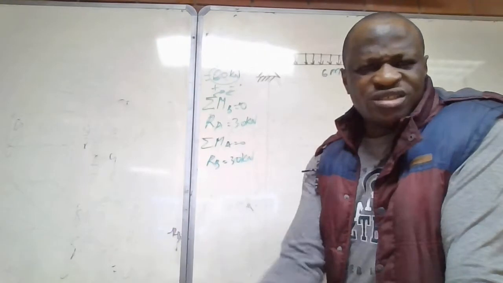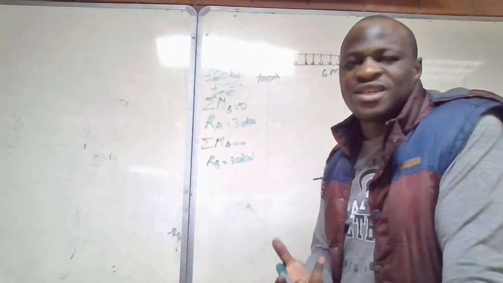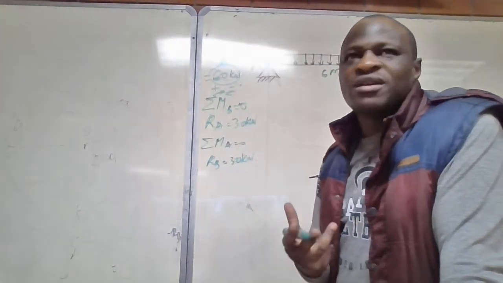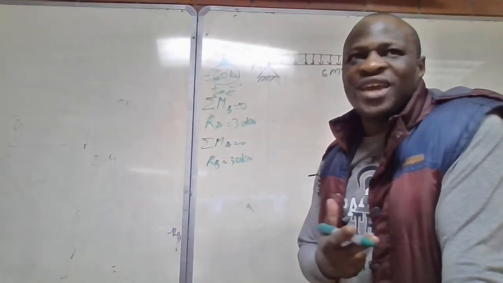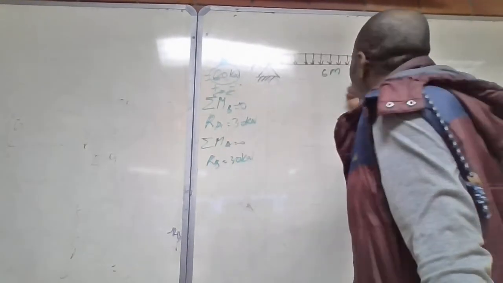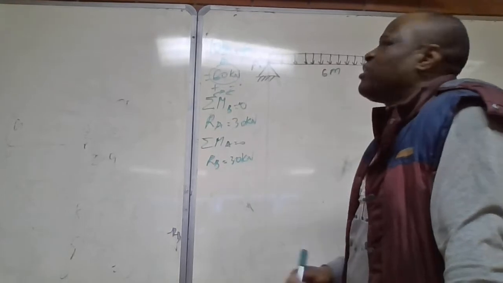In calculations, we can use it as a point load, but it's not representing a point load. Its physical meaning represents a virtual load that has an influence on the whole length because the UDL is evenly distributed.